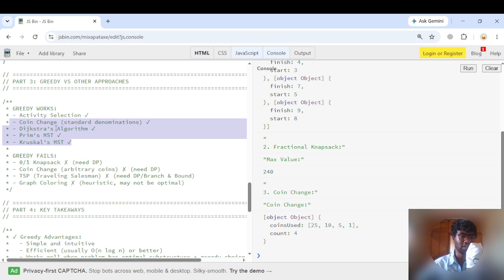Those are where greedy algorithms perform best, while it fails in problems like the traveling salesman, or places where dynamic programming or the best optimal solution works. There the greedy approach fails, right?